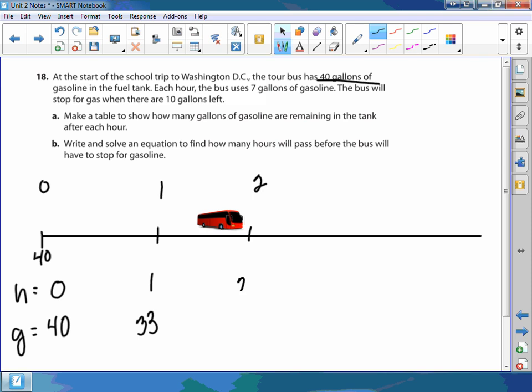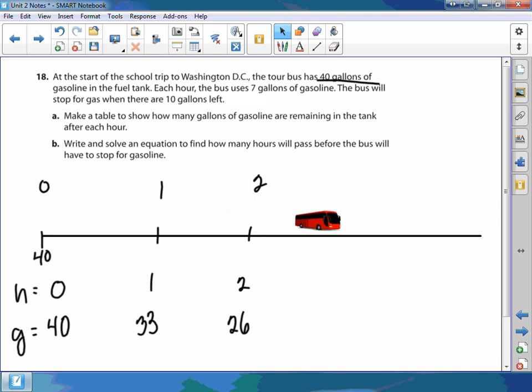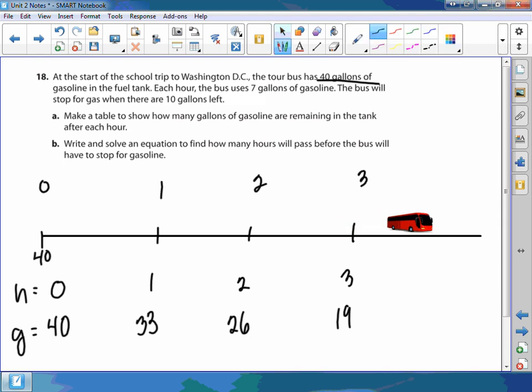We lose 7 more gallons of gasoline, taking us to 26. 3 hours, and we're down to 19 gallons. So again, the bottom here is just your table. This is what your table is going to look like. Running out of room here, but this is fine because this is really all the farther I need to go. So 4 hours goes down to 12 gallons as we reduce it by 7 every single time.